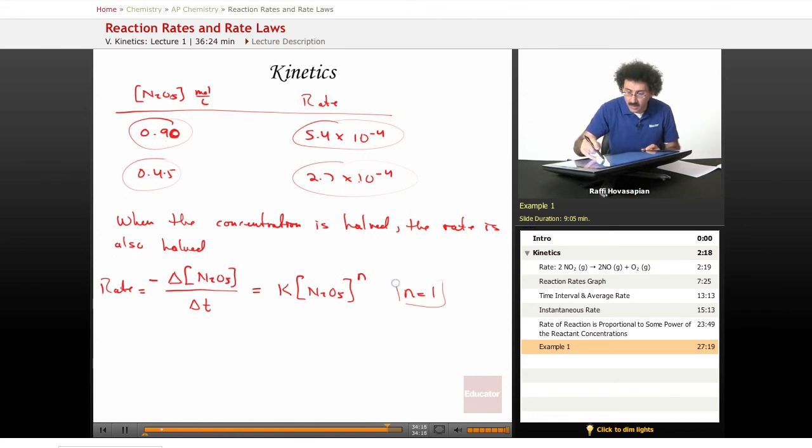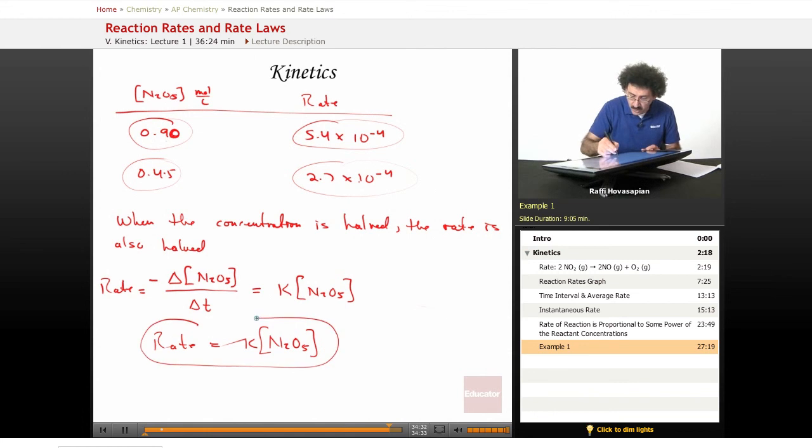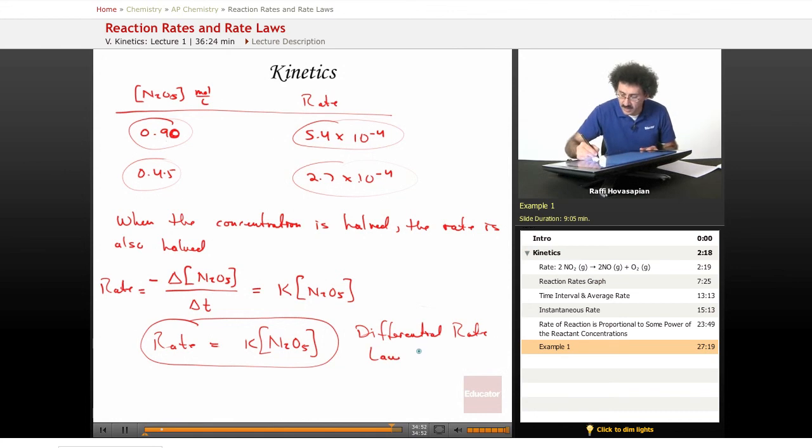So the rate equals k times N2O5. That means the rate of this reaction, based on the data, is some constant k times the concentration of the dinitrogen pentoxide raised to the first power. This is the differential rate law for this particular reaction.